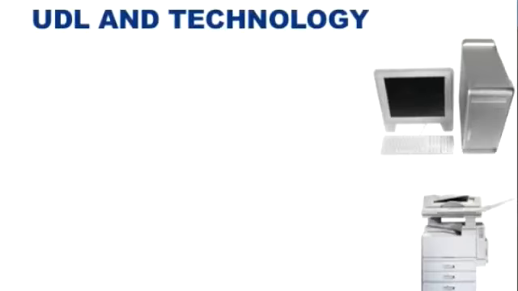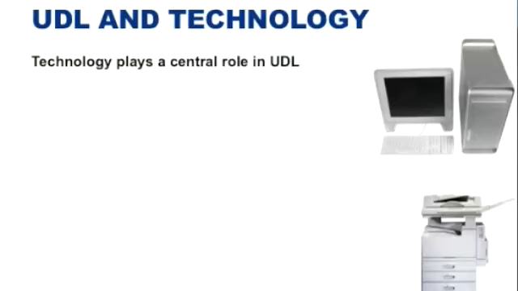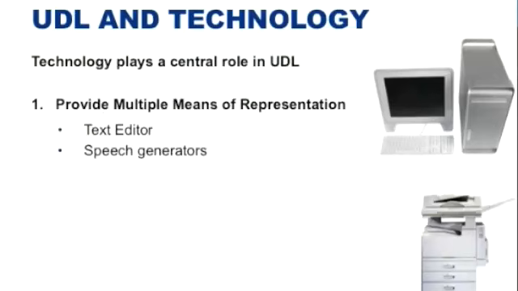There are many ways that technology can be used to assist with universal design for learning. They very much go hand in hand. In terms of providing multiple means of representation, they can provide multiple means of representation by utilizing text editors to alter fonts and speech generators to make sure the resource is accessible to students with hearing problems.